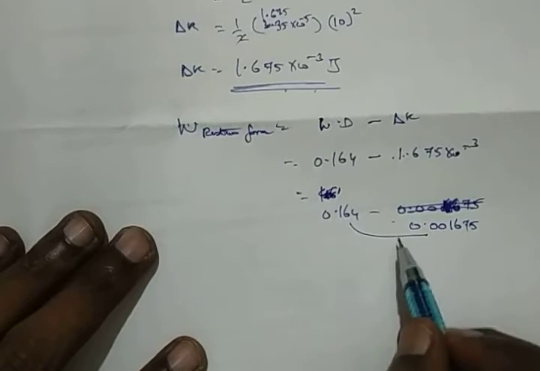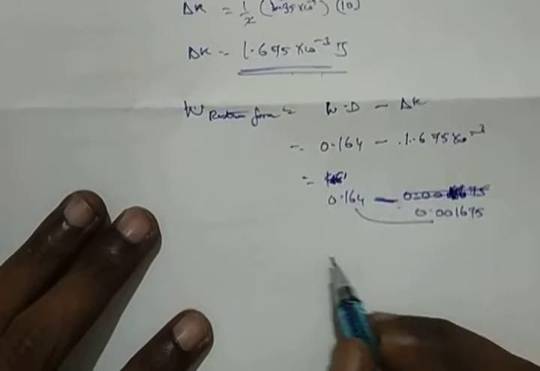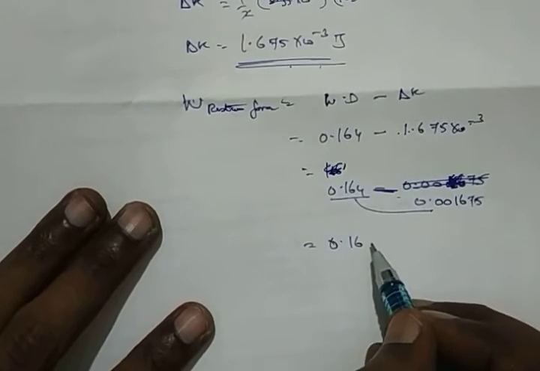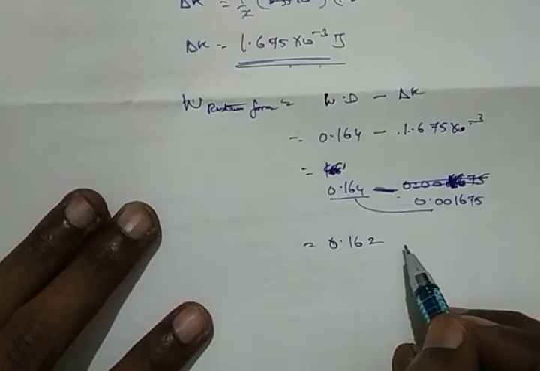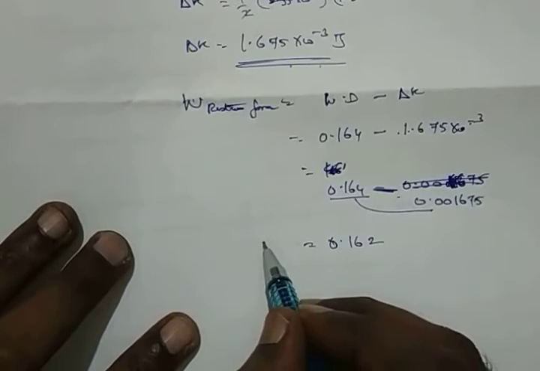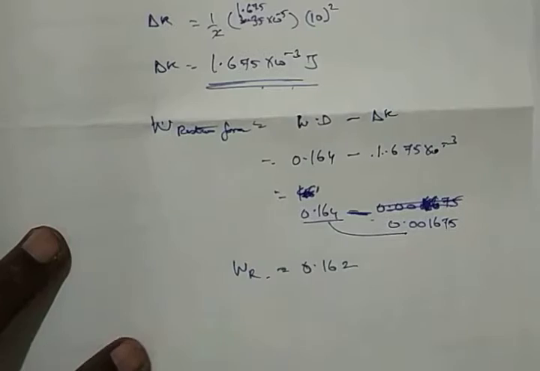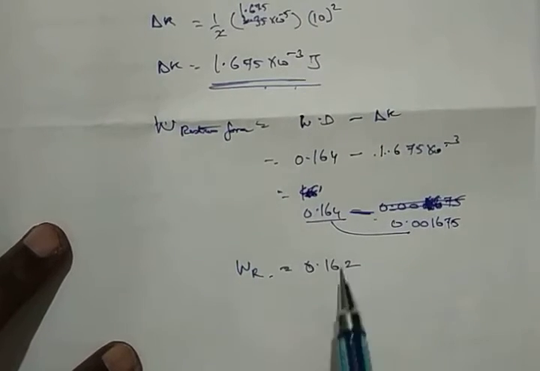So you subtract these two. When you subtract, it will almost come the same, 0.162, right? So this is the work done by the resistive force. In fact, there is a small mistake.